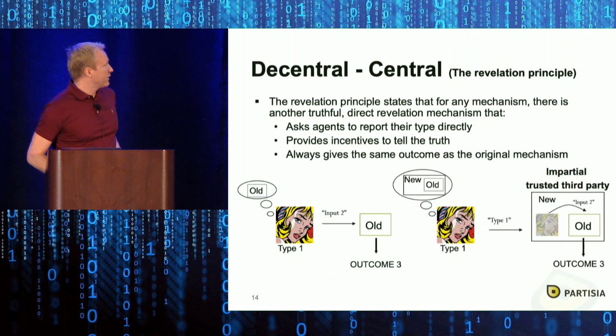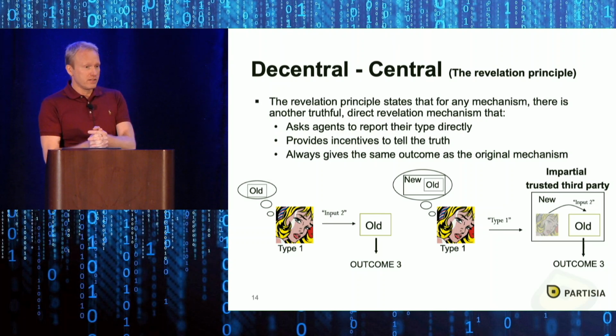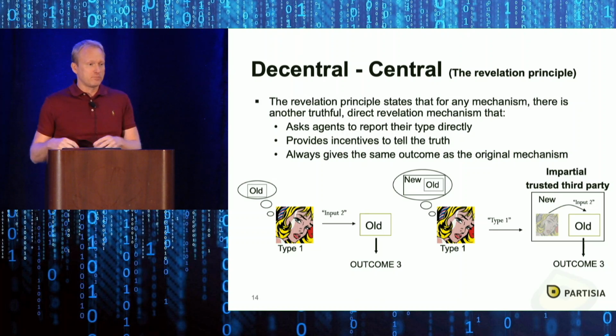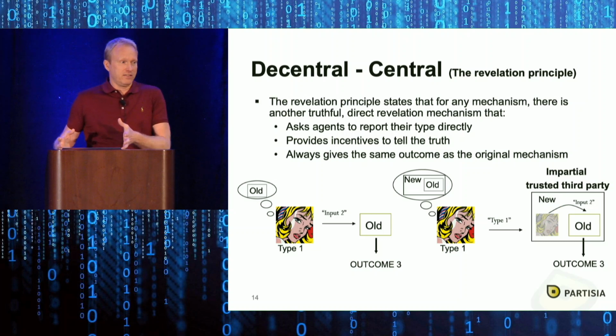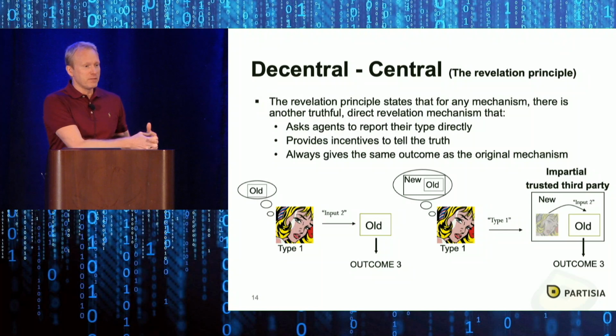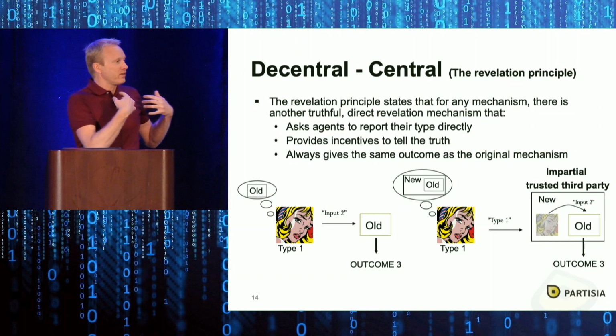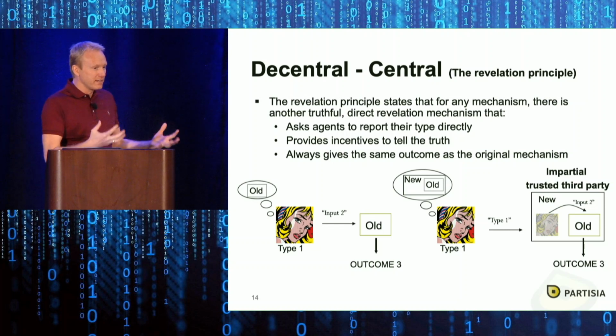Instead of being the strategic player, you basically just tell the truth to an impartial, trusted third party that behaves in your interest, and it's relatively easy to see that this can always be better than any mechanism. So that's what economists have used as a sort of theoretical basis for creating mechanisms.